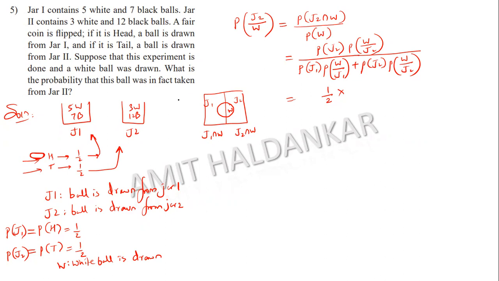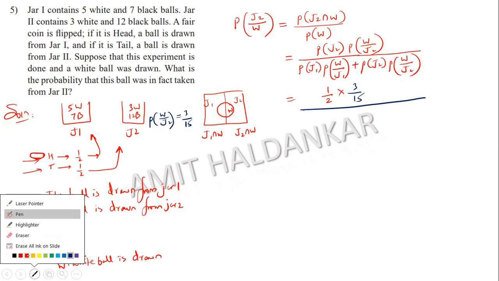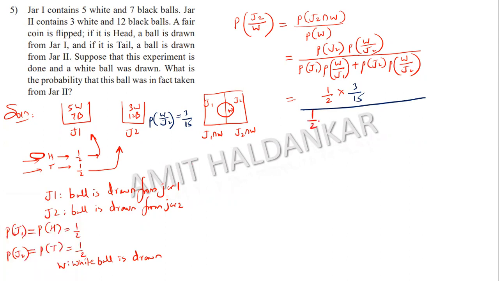You can see 3 out of 15. P of W by J2 is 3 out of total 15. This will be again half and half. This is half into, and this is half into, plus.